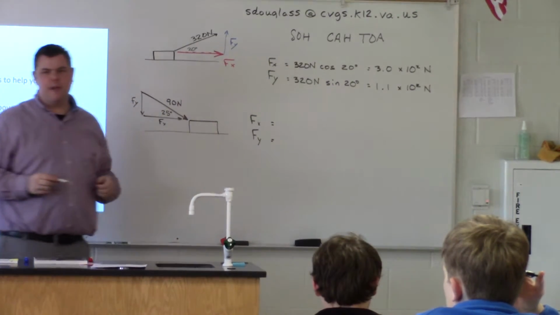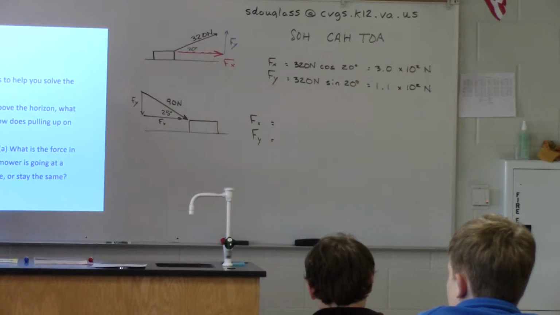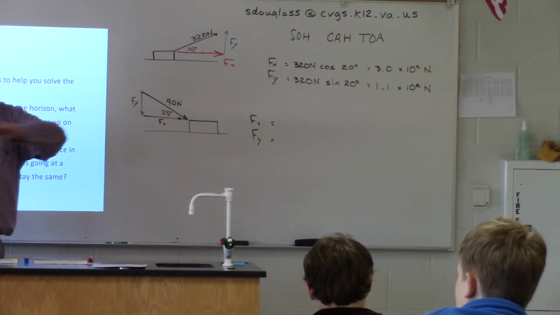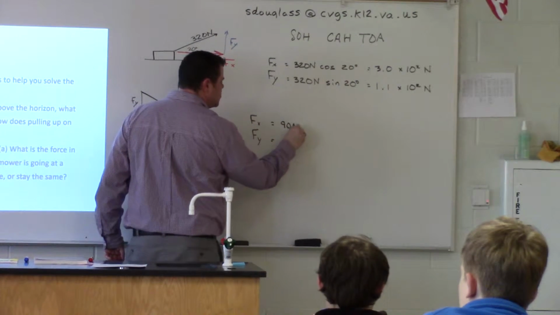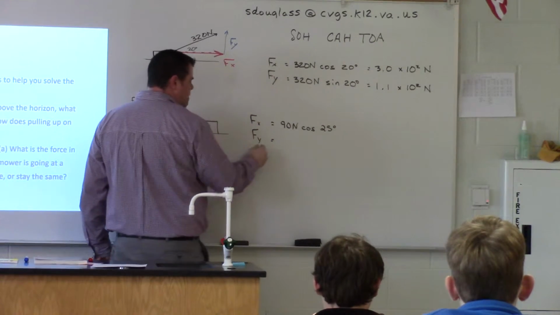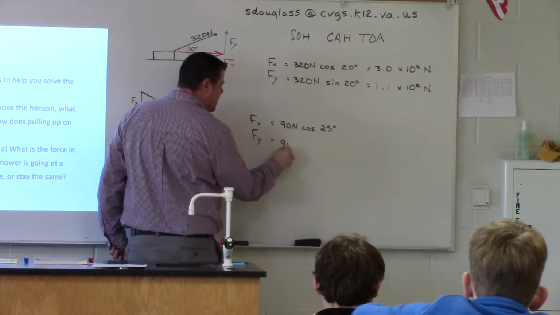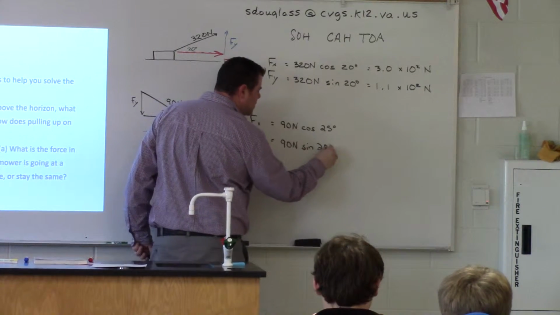The force in the x direction will again use cosine, because anytime you measure the angle with the horizontal, the adjacent side is the force in the x direction. So I'm going to do 90 newtons, that's the hypotenuse, cosine the angle of 25 degrees. Force in the y direction is 90 newtons, sine of 25 degrees.